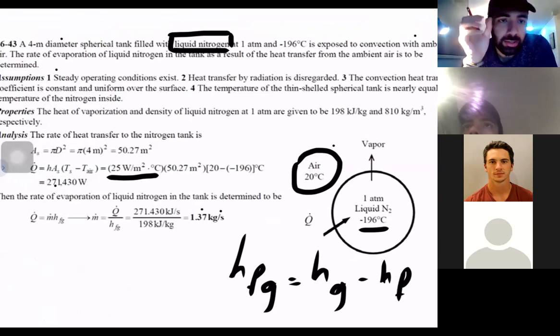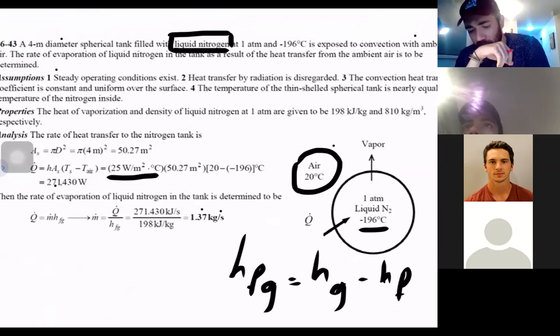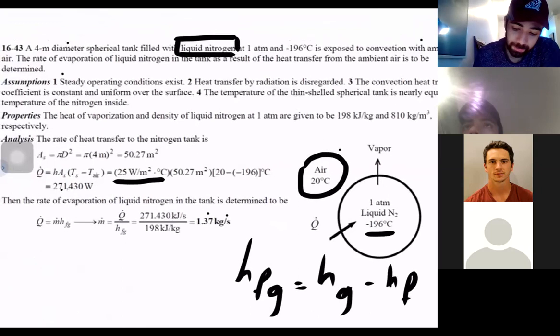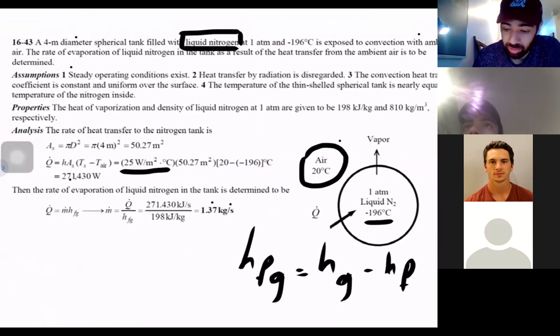It is really important to know that when we are solving every thermodynamics heat transfer question, it is really important to write down the assumptions. Here, we know that for sure the surface temperature of this tank is different from the temperature of the liquid nitrogen inside it.